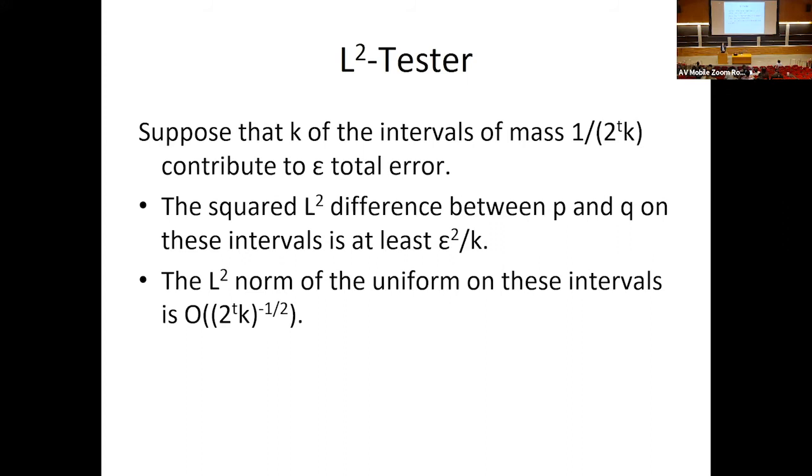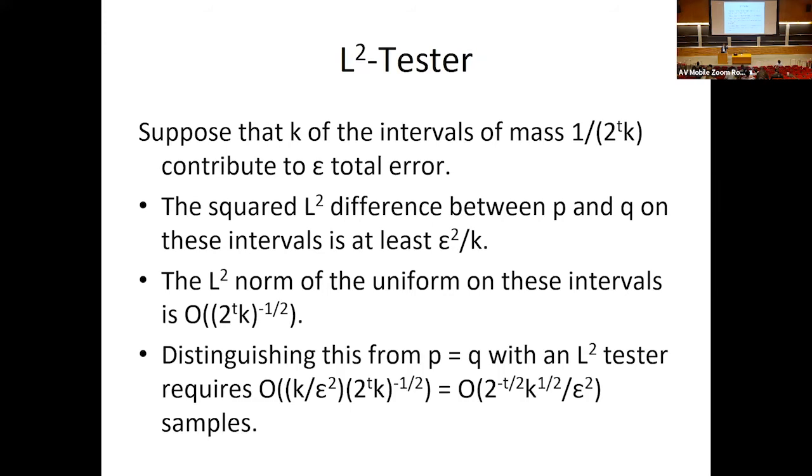And so the number of samples that we need, roughly, is the ratio of these, which is roughly root k over epsilon squared divided by 2 to the t over 2. And somehow the fact that we've had to split into more intervals is actually better for us if the signal that we're detecting is really supported only on k of them anyway.